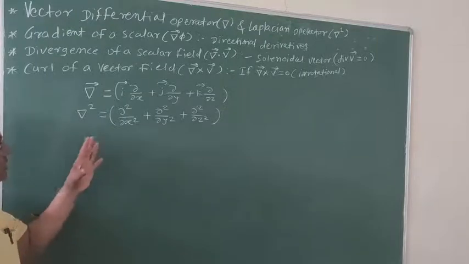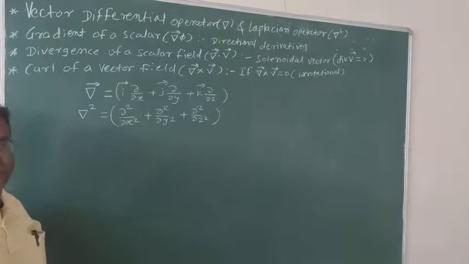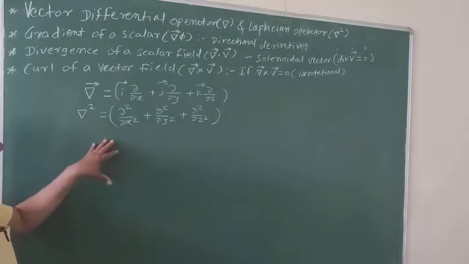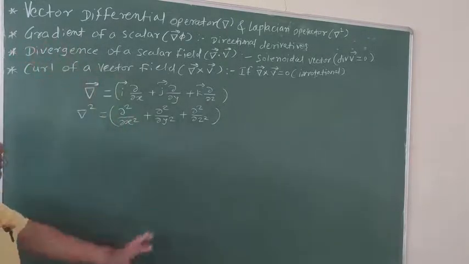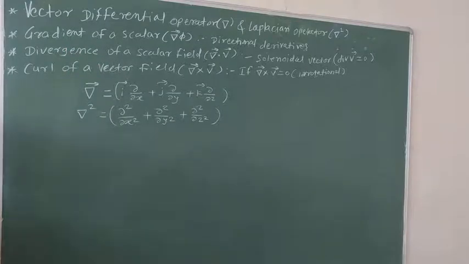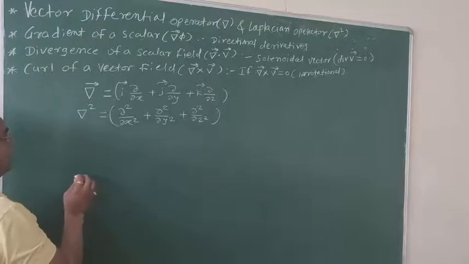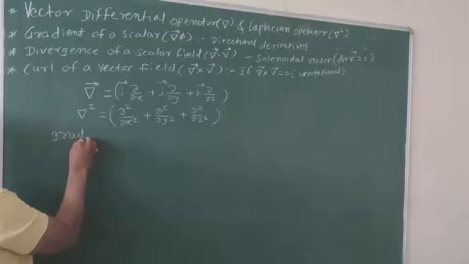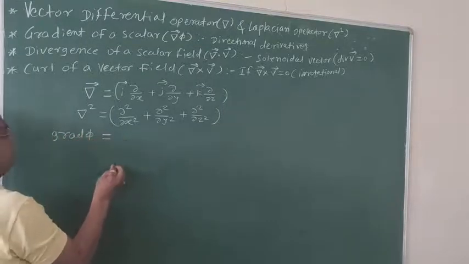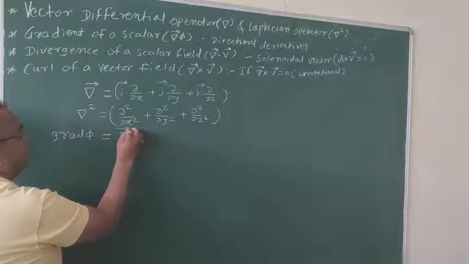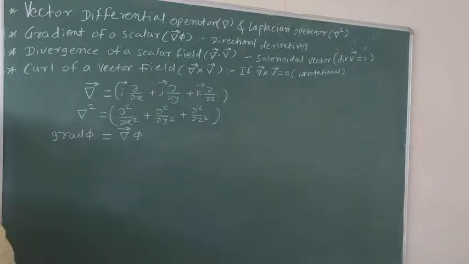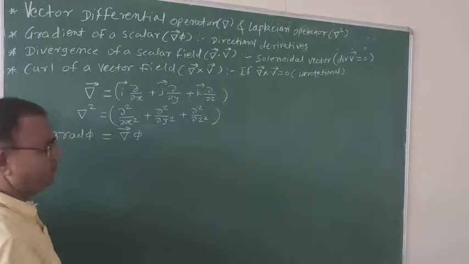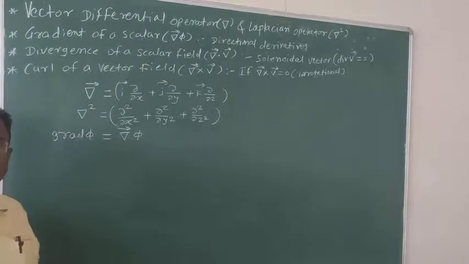What are the uses of these operators, we can explain in the next point, that is the gradient of a scalar. The gradient of a scalar is shortly written as grad phi, which is given by del bar operating on phi, where phi is a scalar field.